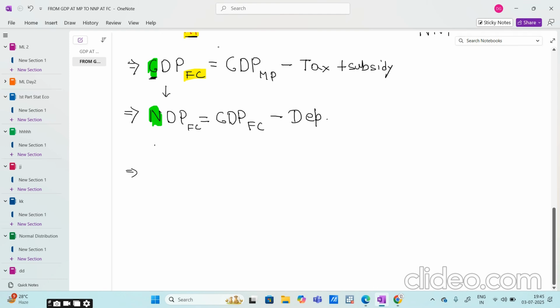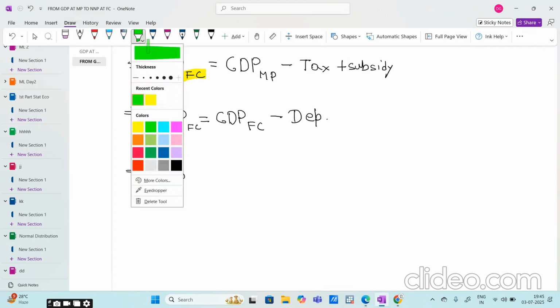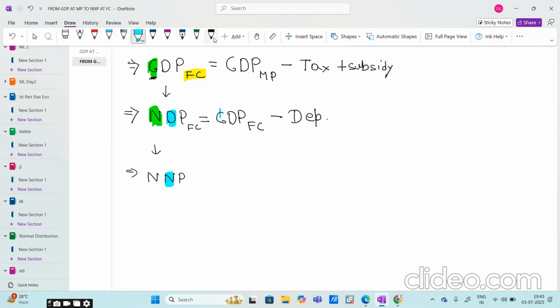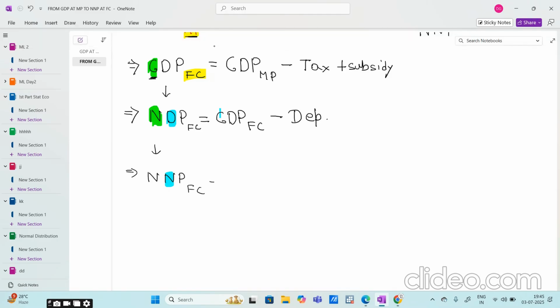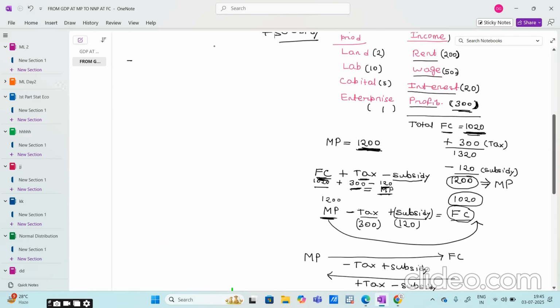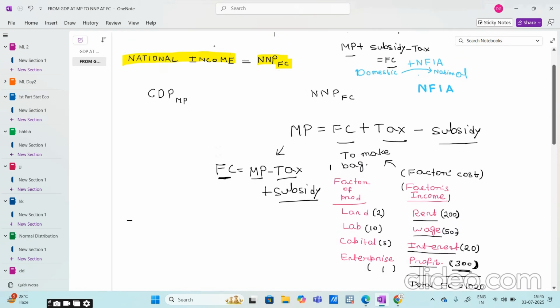Now from the net domestic product at factor cost, I want to reach NNP at factor cost, that is net national product. Here on which part have we made a change? Here we have made a change on this part, that is domestic is now converted into national, right? Now to get NNP at factor cost from NDP at factor cost, what do we have to do? I have already shown you that if you want to reach from domestic to national, you have to add net factor income from abroad.